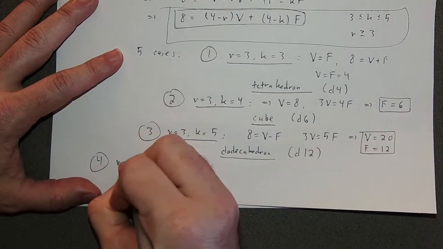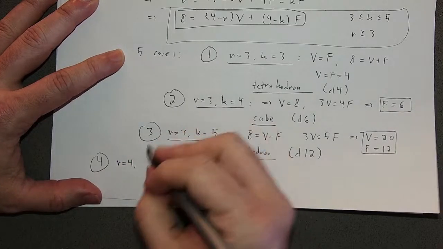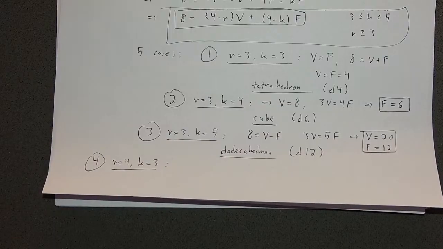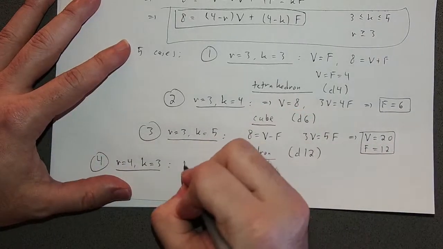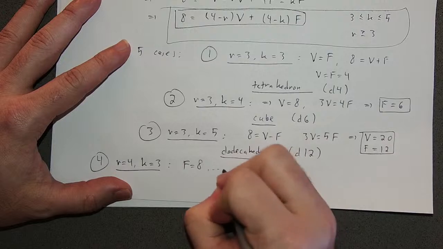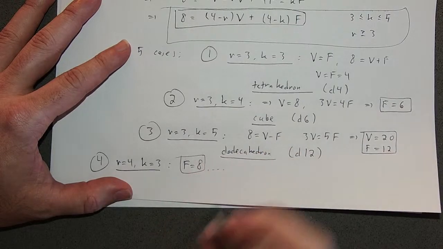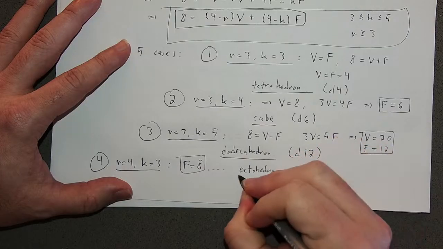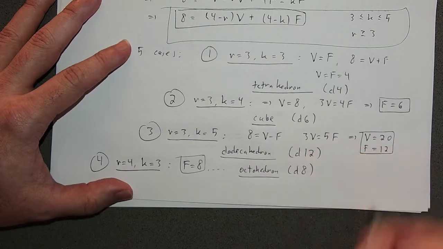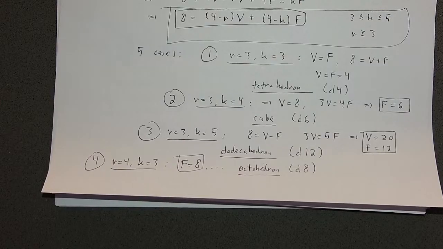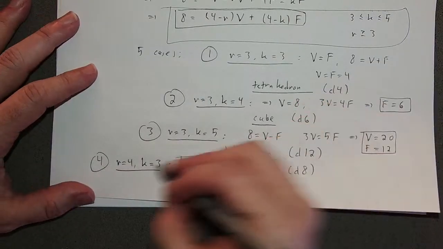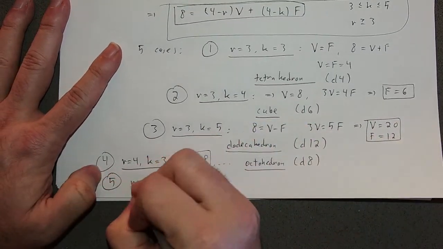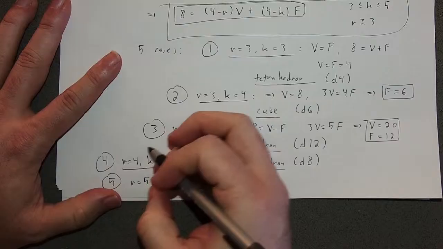Case 4. If r is equal to 4 and k is equal to 3, then f is equal to 8. And you can find the other things, but once I know that there are 8 faces, this is an octahedron, or a D8. And lastly, case 5, r is equal to 5, k is equal to 3.